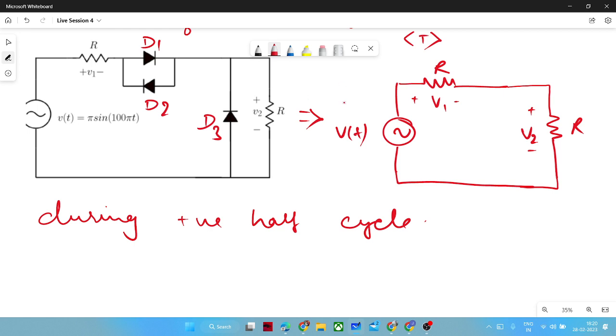So if you apply a KVL, let us assume this kind of polarity, you will get VT is equal to V1 plus V2. Okay.